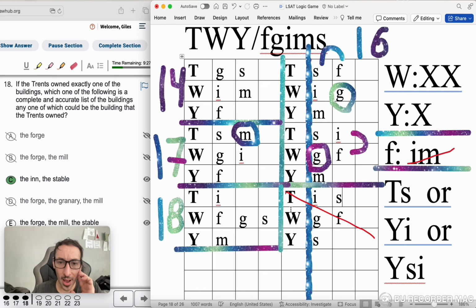Okay, so if I have I and S in this position, let me take this away real quickly. Okay, so I and S is where T.